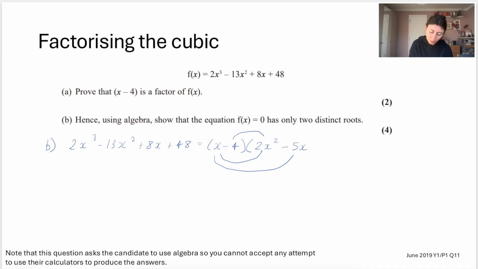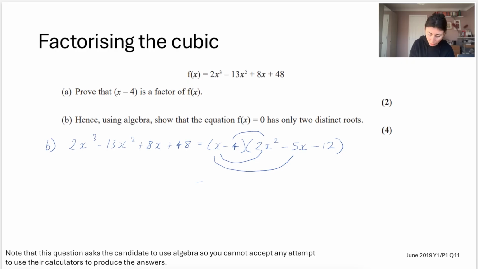However, it's also going to generate a 20x, and I want plus 8x. So I'm going to need to get rid of, or minus 12, and I'm just going to leave it as a 12 because it will become a 12x.